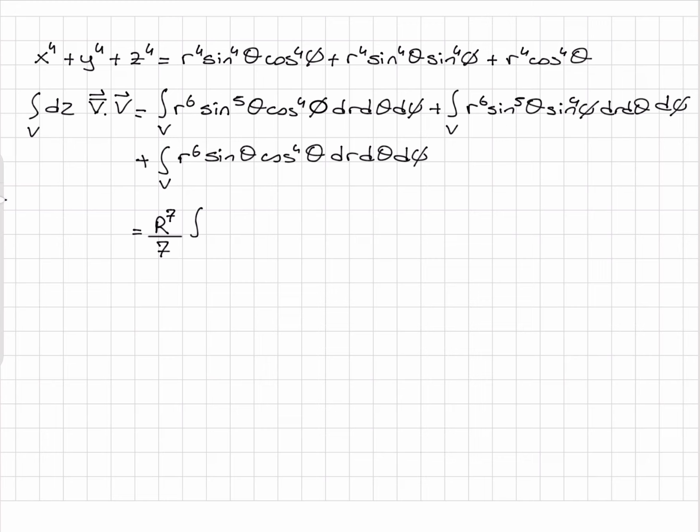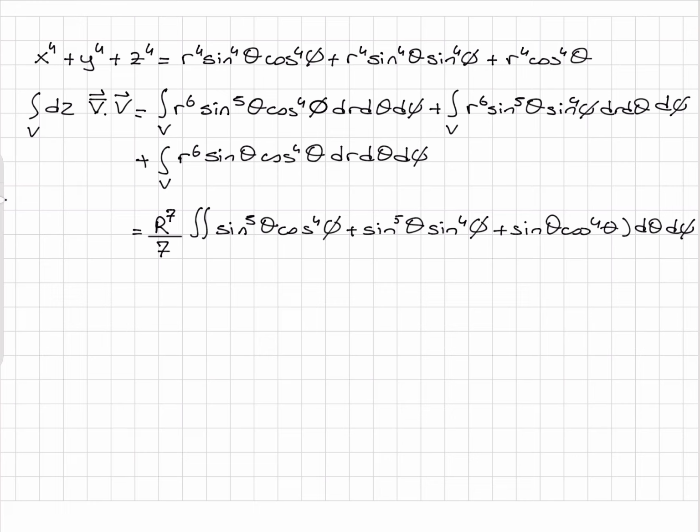Now we have the remaining double integral of sine to the power 5 theta cosine to the power 4 phi plus sine to the power 5 theta sine to the power 4 phi plus sine theta cosine to the power 4 theta, d theta d phi.